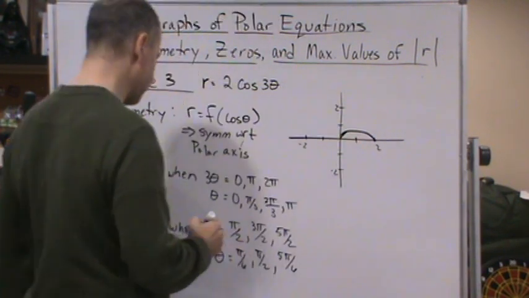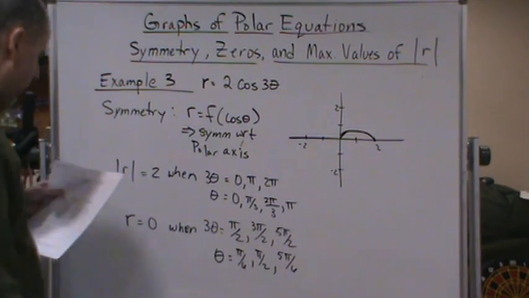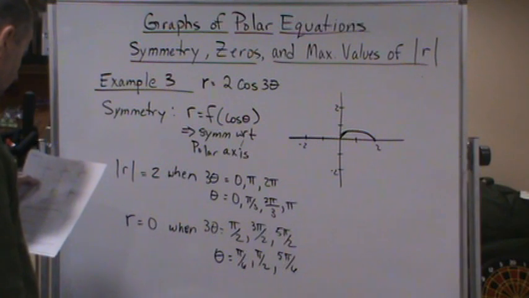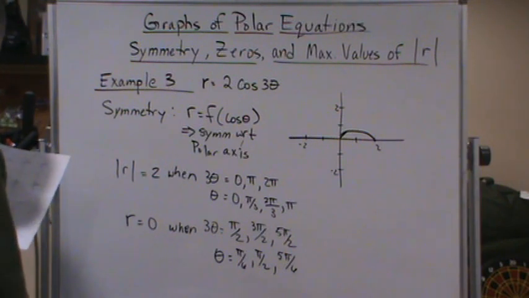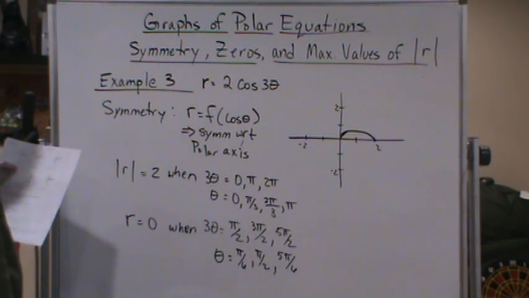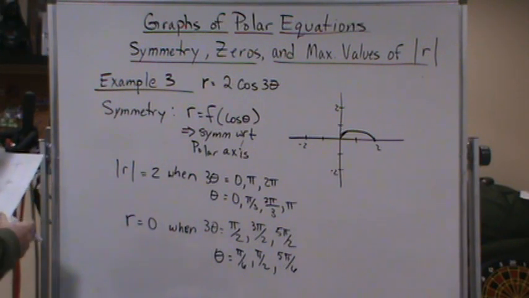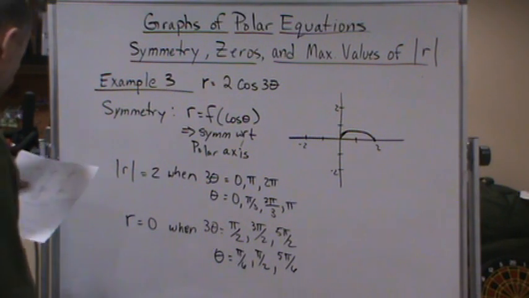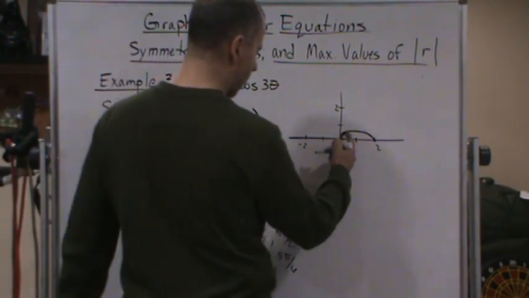To 0, right? And then what happens from 0 to pi over 3?